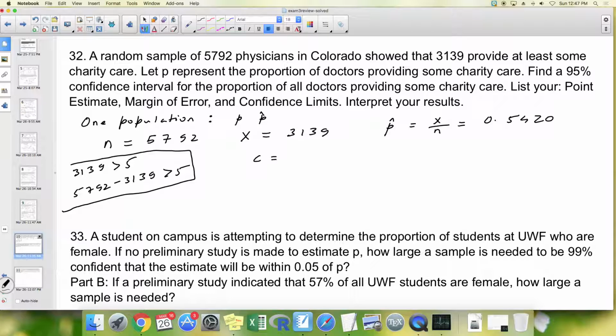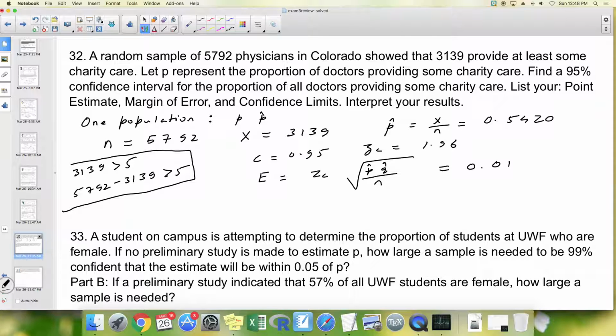So for c equals 0.95, zc equals 1.96. So the formula for E is zc times the square root of p hat q hat by n, which will come out to be 0.0128.